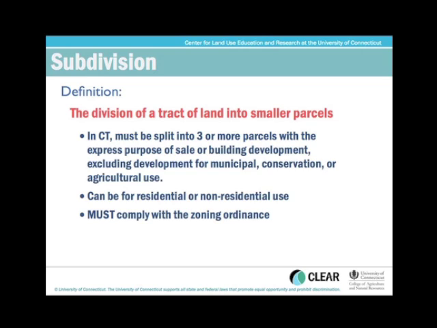But you don't want to come up with a situation where your subdivision regulations are in conflict with your zoning regulations. This makes it difficult for you as commissions to make decisions, but also leaves your applicants betwixt and between. That's an important piece.